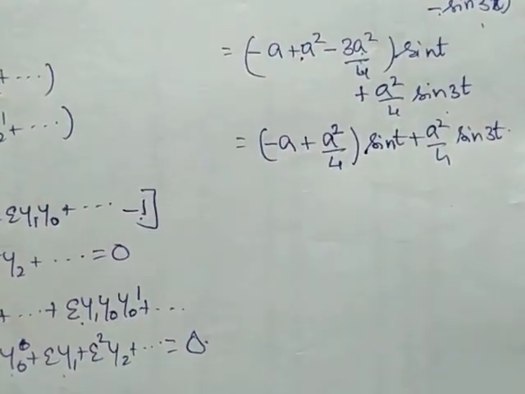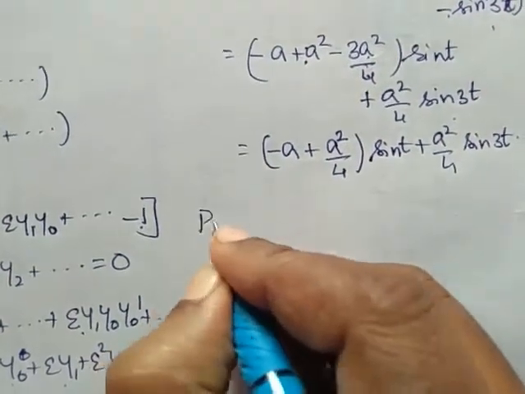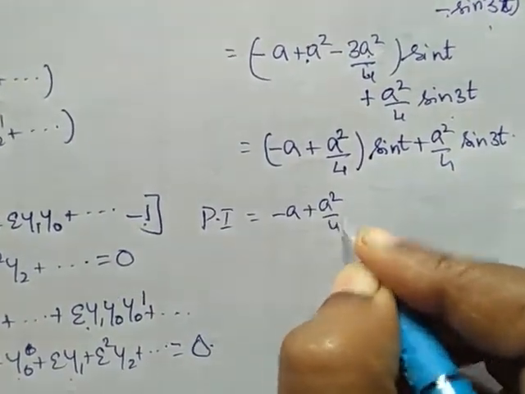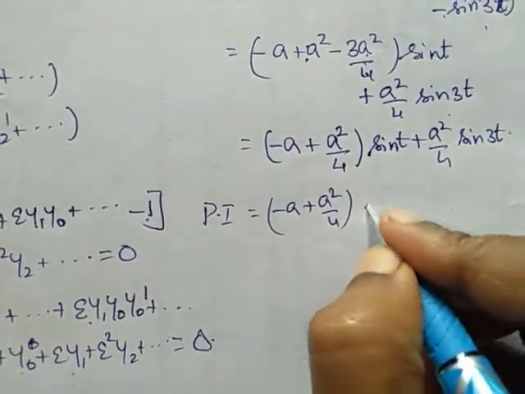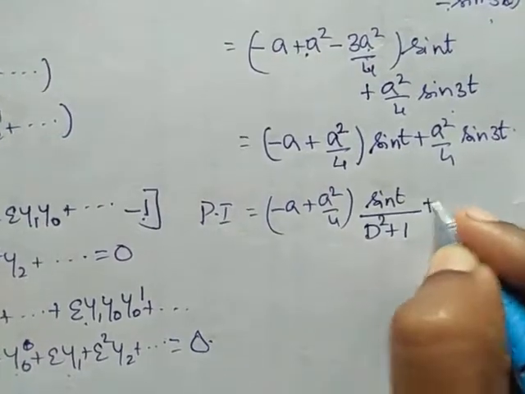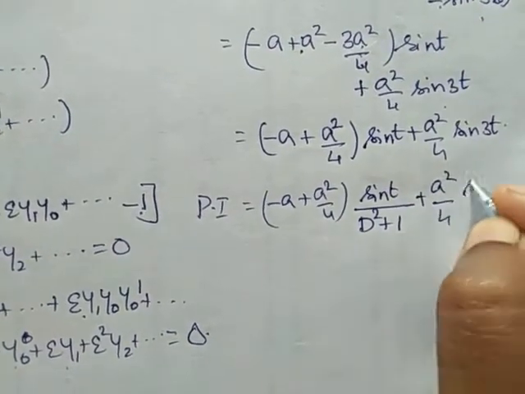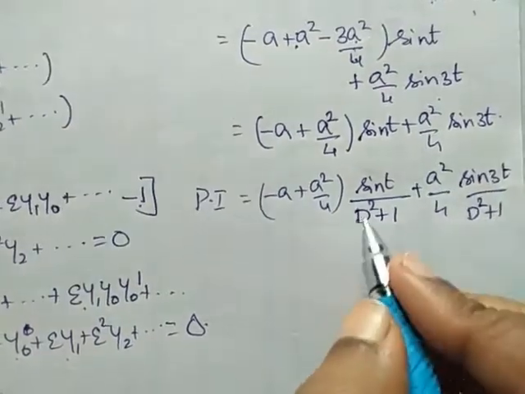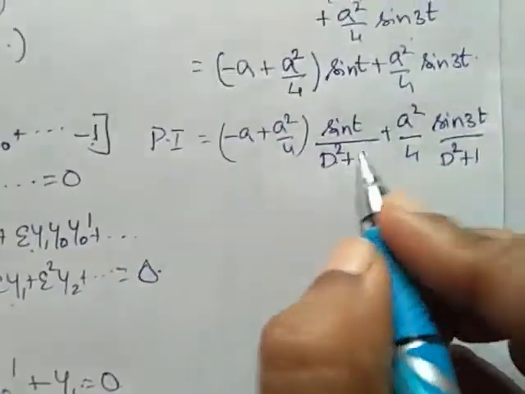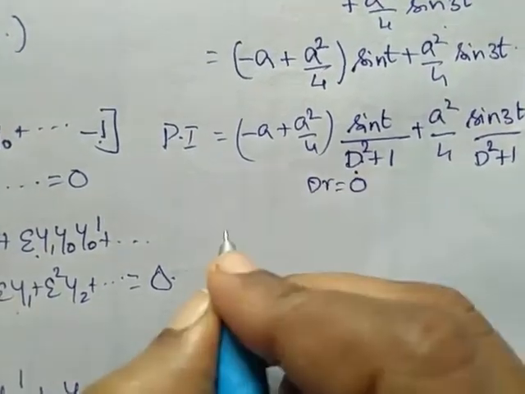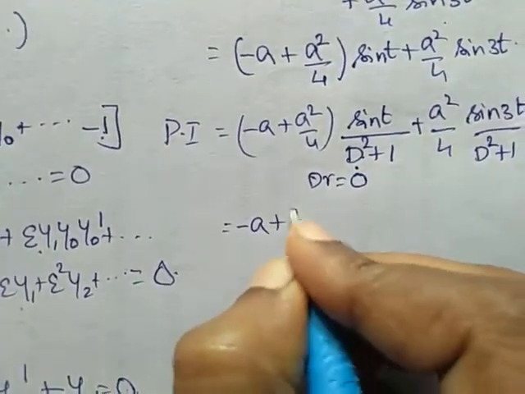Now we have to find the particular integral for this. So the particular integral is minus a plus a square by 4, denominator is d square plus 1. Similarly for the second term also, d square plus 1. Here if we substitute d square equal to minus 1, the denominator will become 0. Therefore, we have to multiply with t.